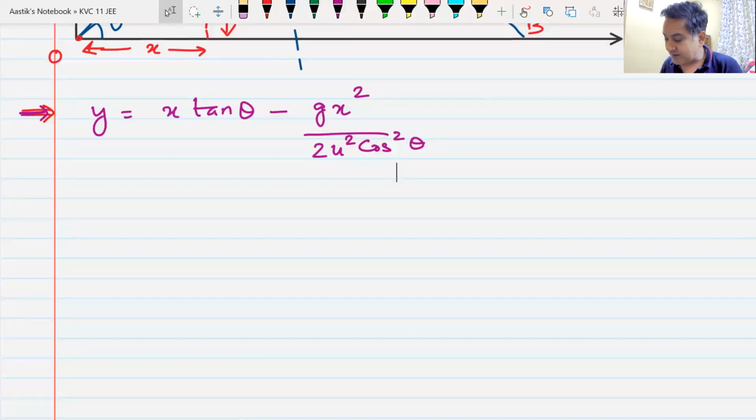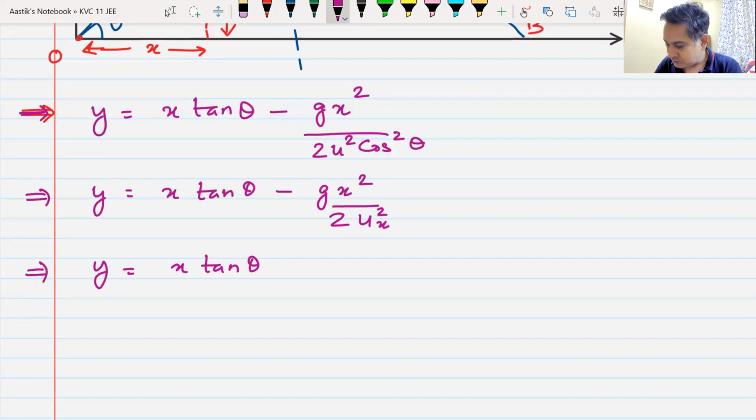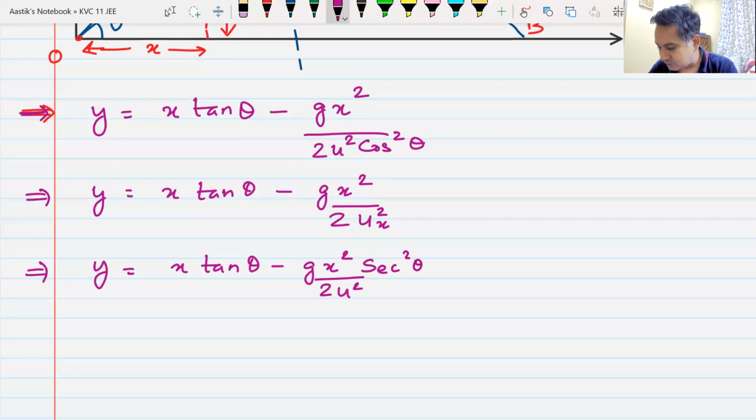What is the second way of writing the same equation? Y is equal to x tan theta minus g x square by 2 times u cos theta, which is ux, so I can write it as ux whole square. What is the third way of writing the same equation? X tan theta minus g x square by 2 times u square. 1 by cos square theta can be written as sec square theta, so I write sec square theta on the top.